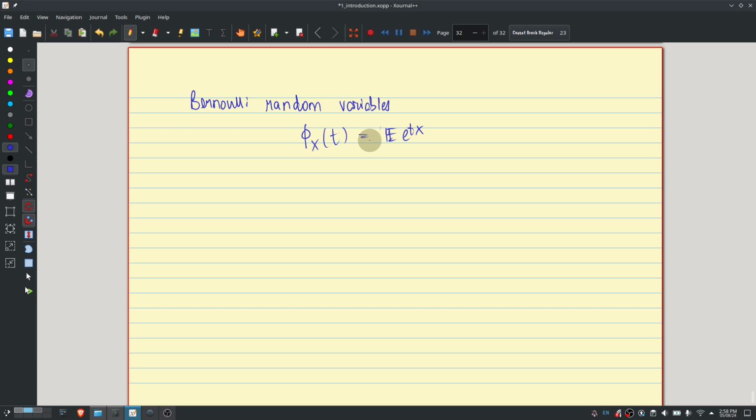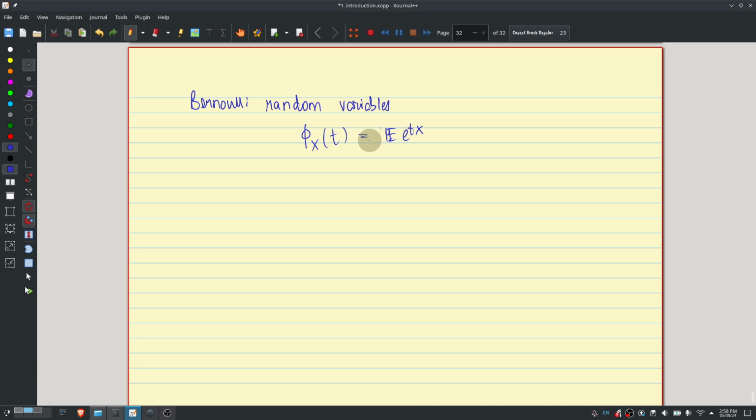What is the final value equal to? What about when X is equal to 0?